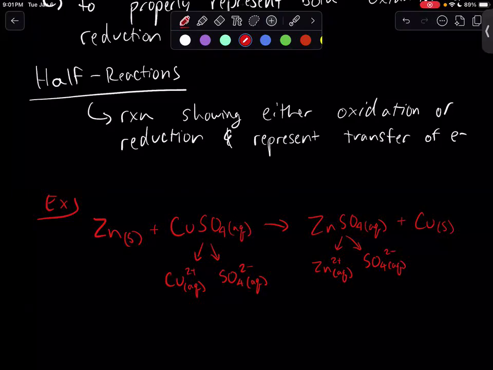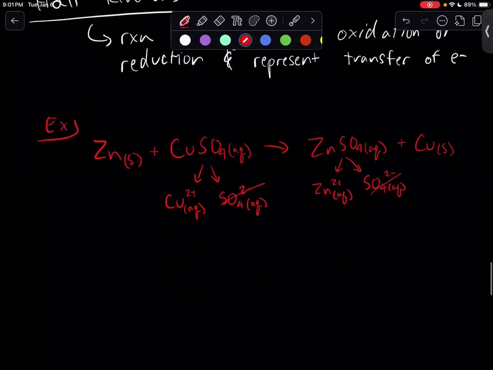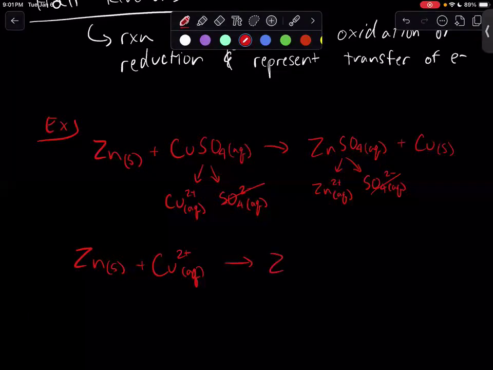Now, because of this, we have sulfate on both sides, and we can just cancel it from our equation. So we can represent this reaction as Zn(s) plus Cu²⁺(aq) reacts to form Zn²⁺(aq) plus Cu(s).